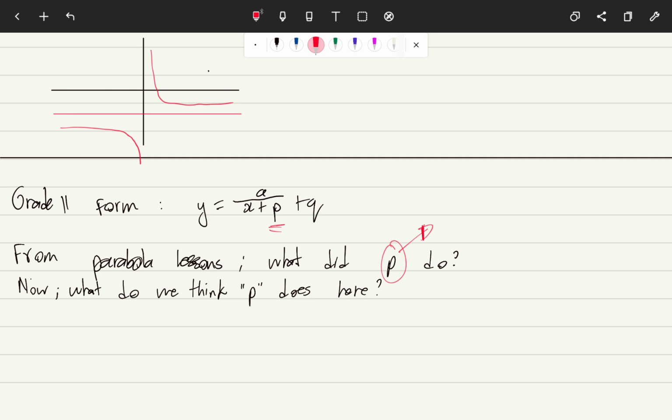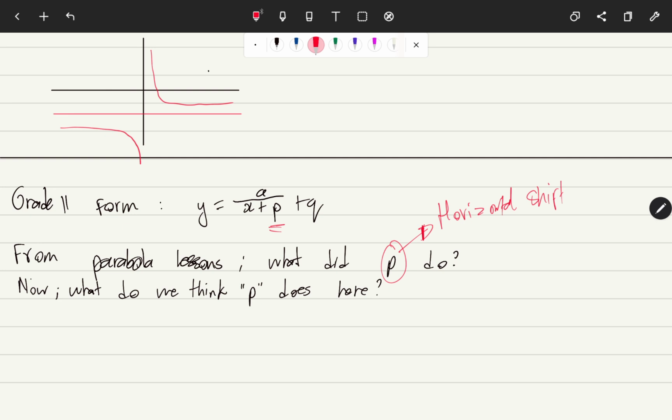Not sure if you remember very well, but I did say it before I wrote this. p is responsible for the horizontal shift, the shift of going to the left or going to the right, right? Horizontal shift, that is p.